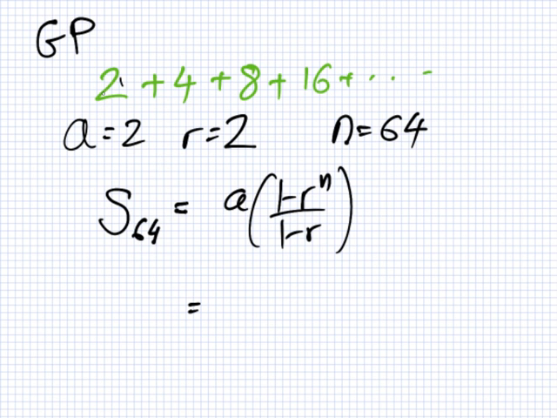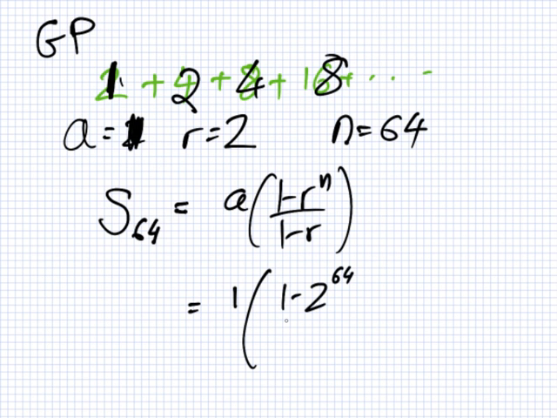Just to make a small change here, it was 1 on the first square, 2, 4, and then 8. So the only thing that changes here is a is 1. So it's (1 minus 2^64) over (1 minus 2), which equals 2^64 minus 1 when you simplify it. But you can leave it like this because it's a really big number.